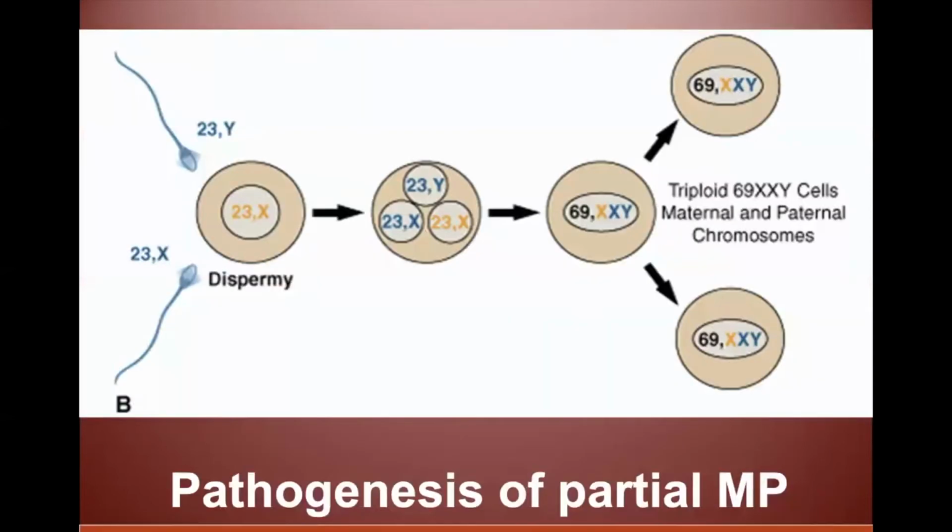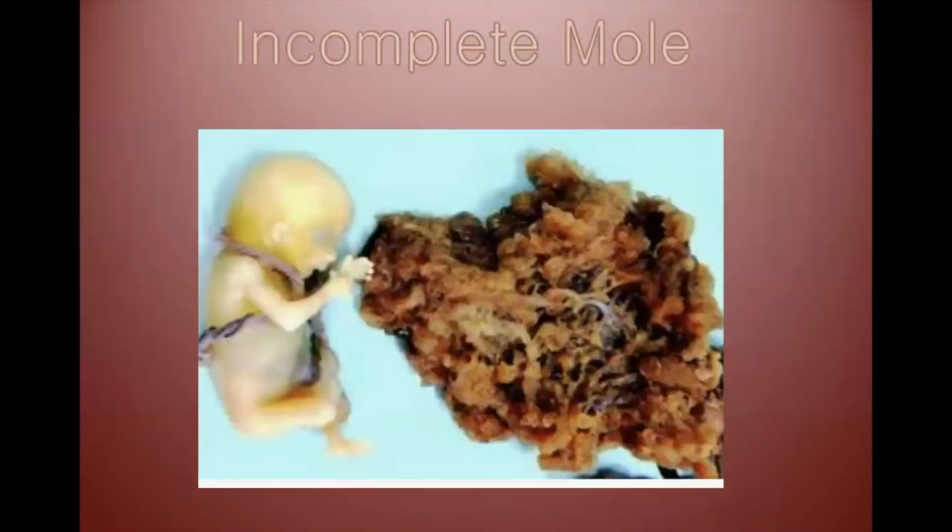And there is the pathogenesis of partial molar pregnancy. In incomplete mole, fetus, cord, and amniotic membrane are present with some placenta. You can see in this picture, it's an incomplete mole. The fetus, cord, and amniotic membrane are present, but some part of the placental villi is swollen.